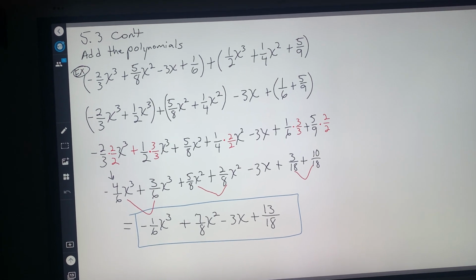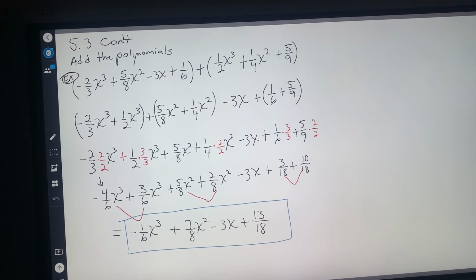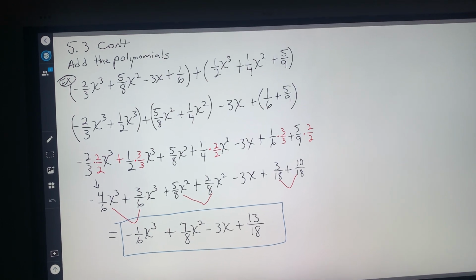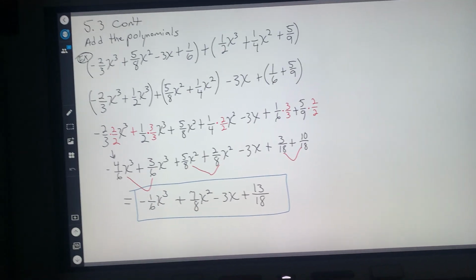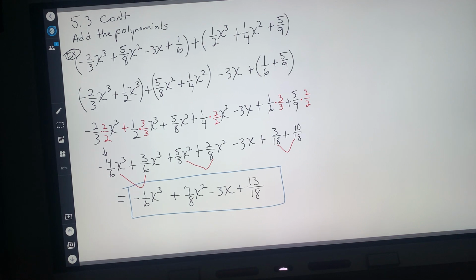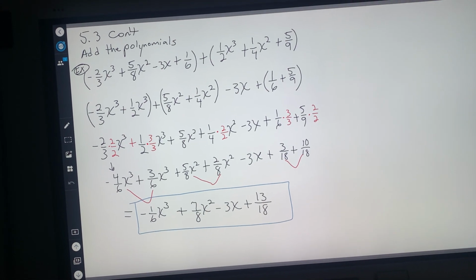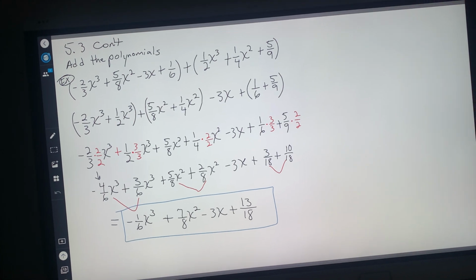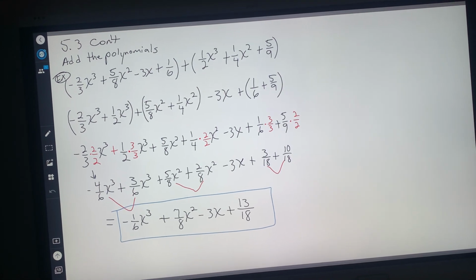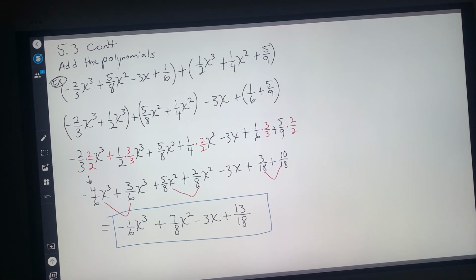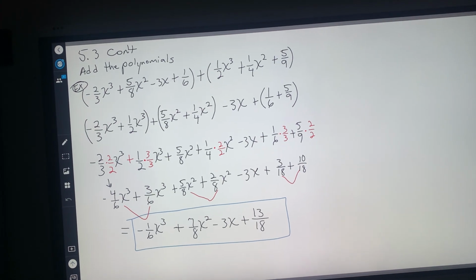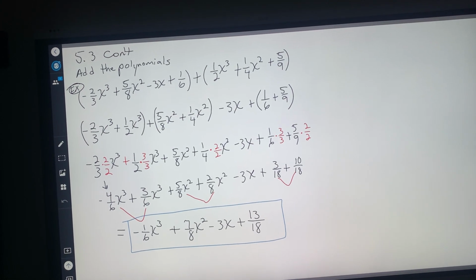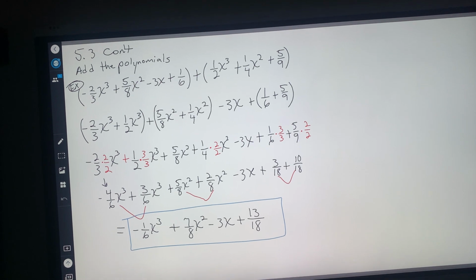So as you can see, I've taken the x to the 3rd power and I put that one with the other x to the 3rd power along with the sign, the x to the 2nd power, plus the other x to the 2nd power. And then there's only one x term, the negative 3x, so we just keep that by itself. And then the constant numbers, we put those together.